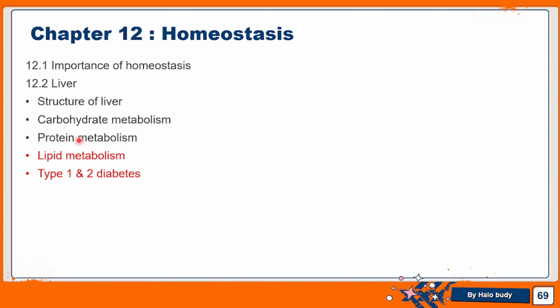Protein metabolism. If you still remember what you learned in semester 1, chapter 5, there was a topic we call alternative pathways of metabolism. In semester 1 you did not learn it in much detail, but protein metabolism you learn in detail. If our body wants to metabolize protein, the majority occurs at the liver.